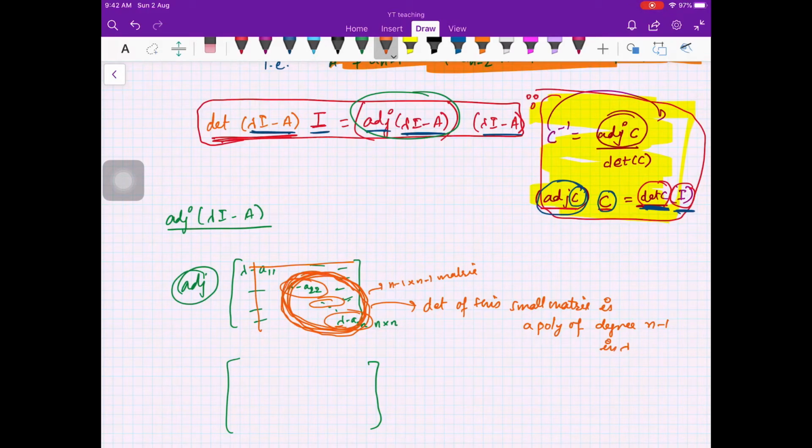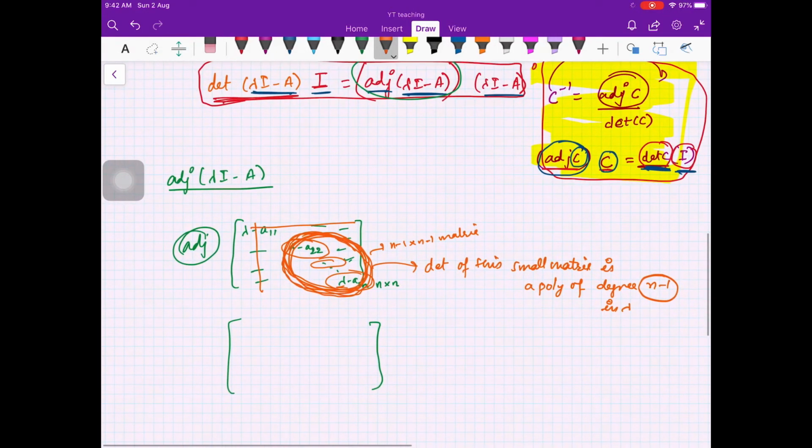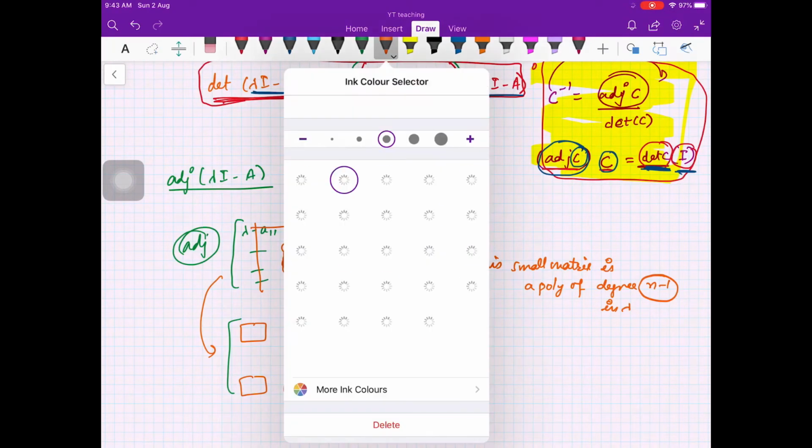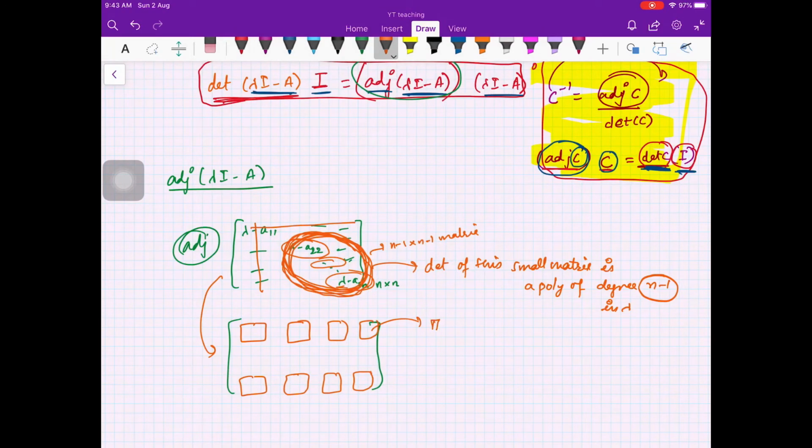It means that the adjoint matrix will have polynomials of degree n minus 1 at every place, polynomials in lambda.